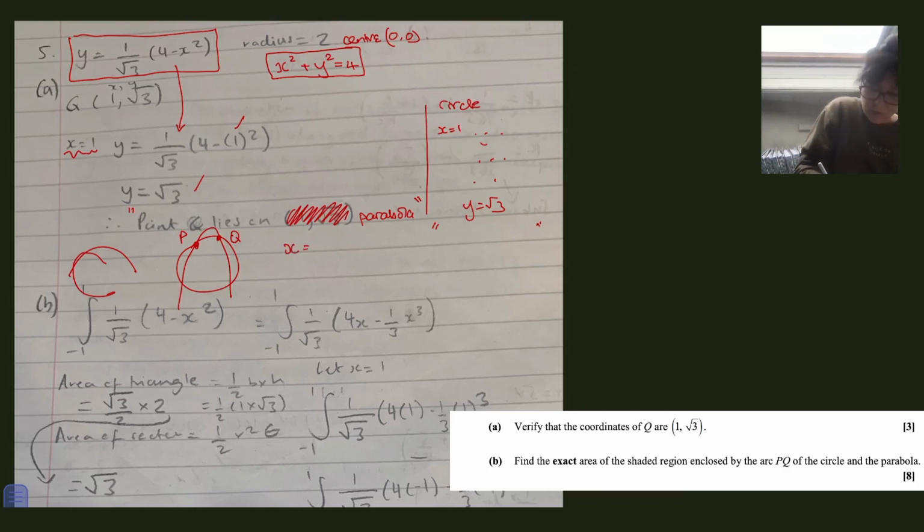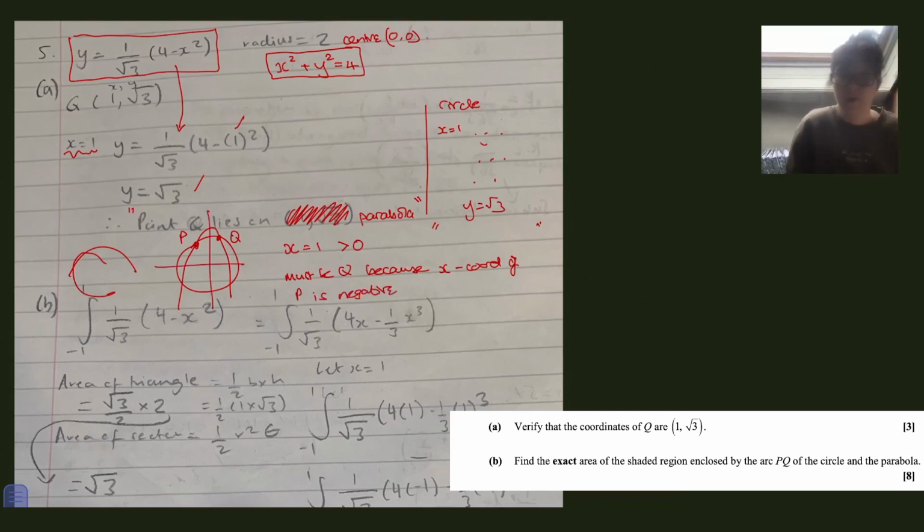The x coordinate is 1, which is positive, so it must be Q, because the x coordinate of P is negative, because it's to the left of the y-axis, something like that. So lots of missing stuff there, but almost perfect what you did first of all.